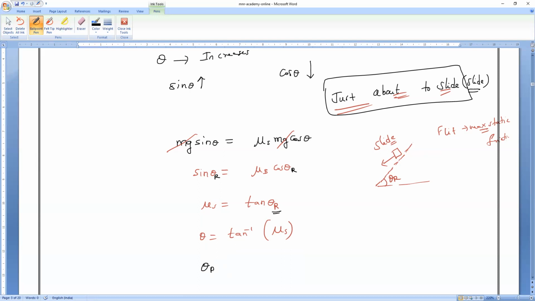So the angle of repose theta r is equal to tan inverse of mu s. That is what we have to remember.